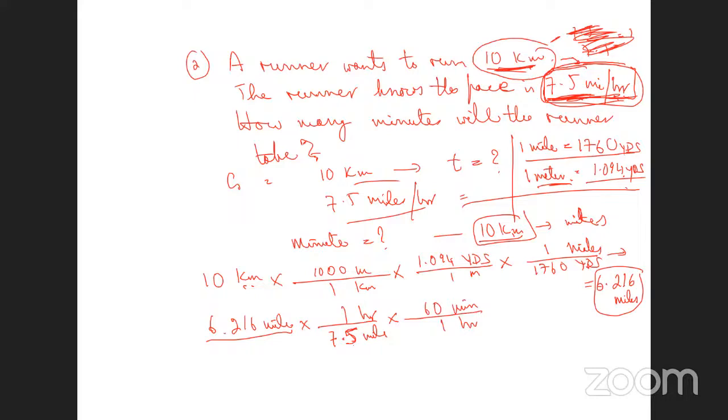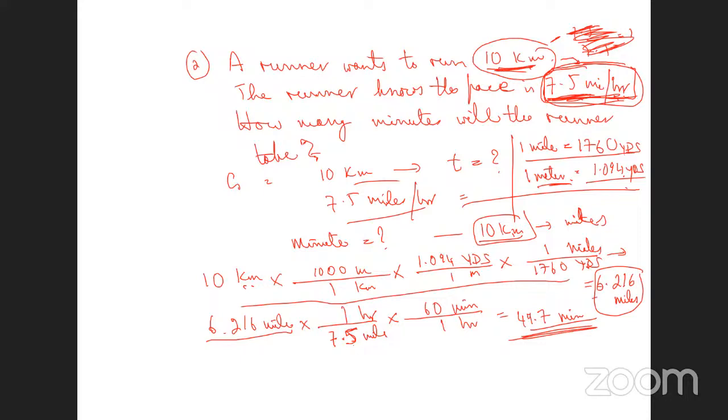Now I should get the answer in minutes. 6.216 divided by 7.5, I get 0.8288. That's the time per hour. That's the distance, that's miles. So many miles per hour, right? So in minutes, I get 49.7.